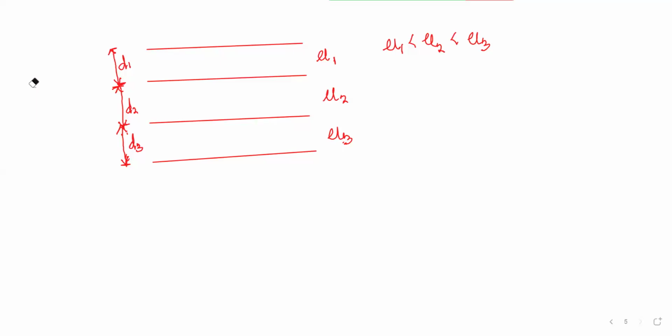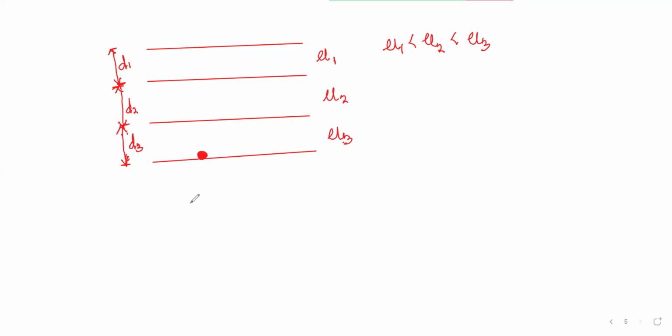Okay. So if we have this kind of situation and a spot is placed here, how do we determine the total apparent depth, and then also calculate the total displacement?